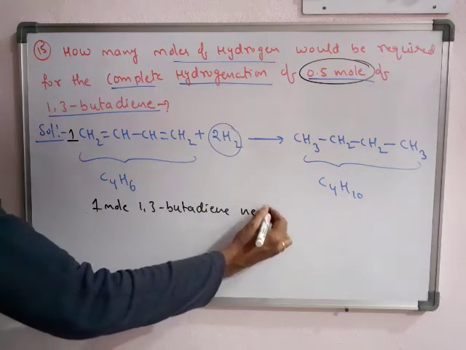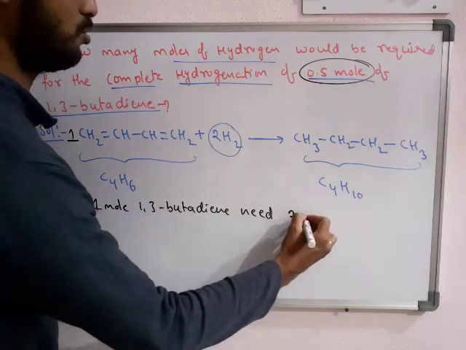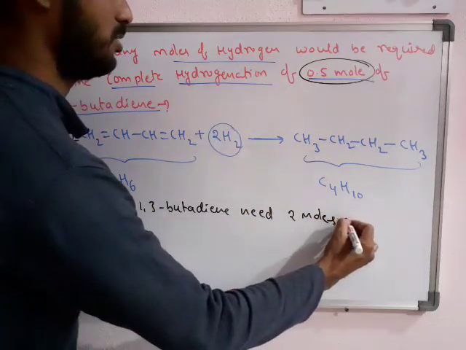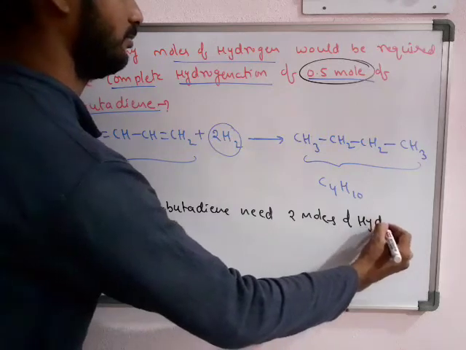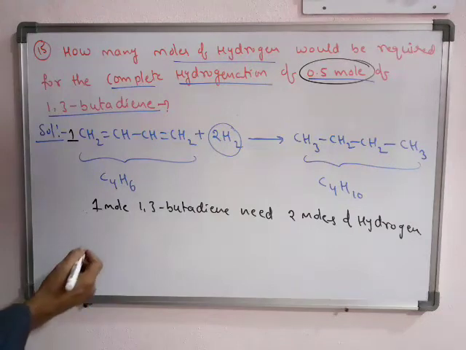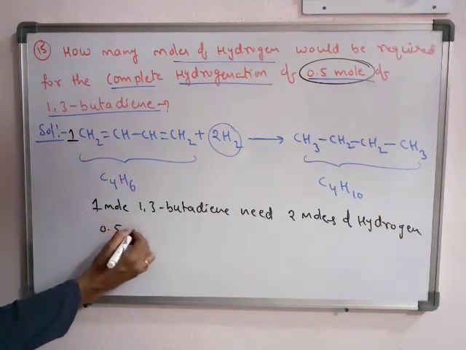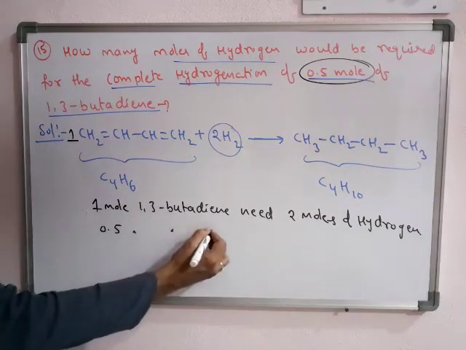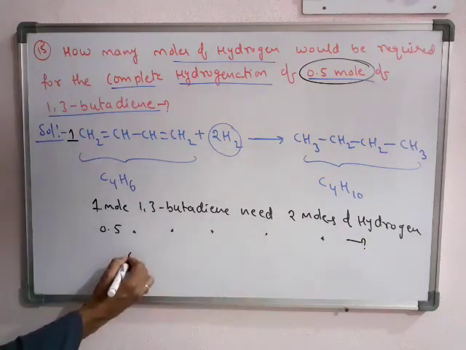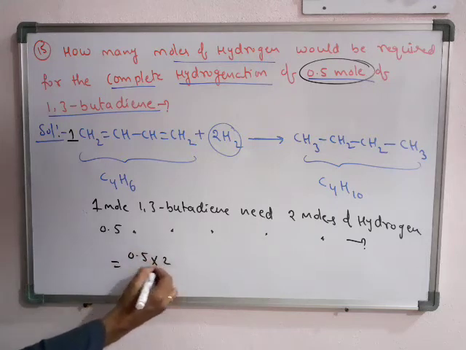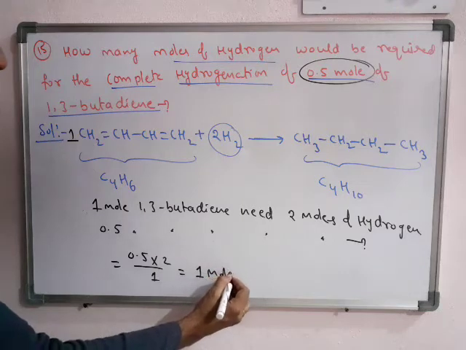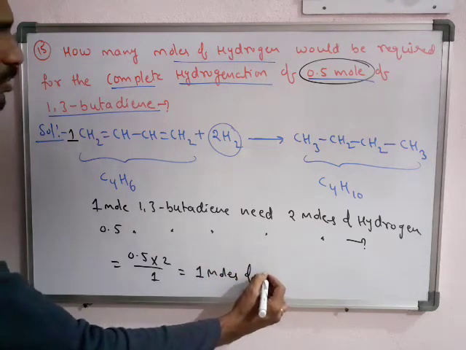1 mole of 1,3-butadiene needs 2 moles of hydrogen. Hydrogen means we have to take H2 only. So for complete hydrogenation, 0.5 mole of butadiene needs 0.5 times 2, which is equal to 1 mole of hydrogen.